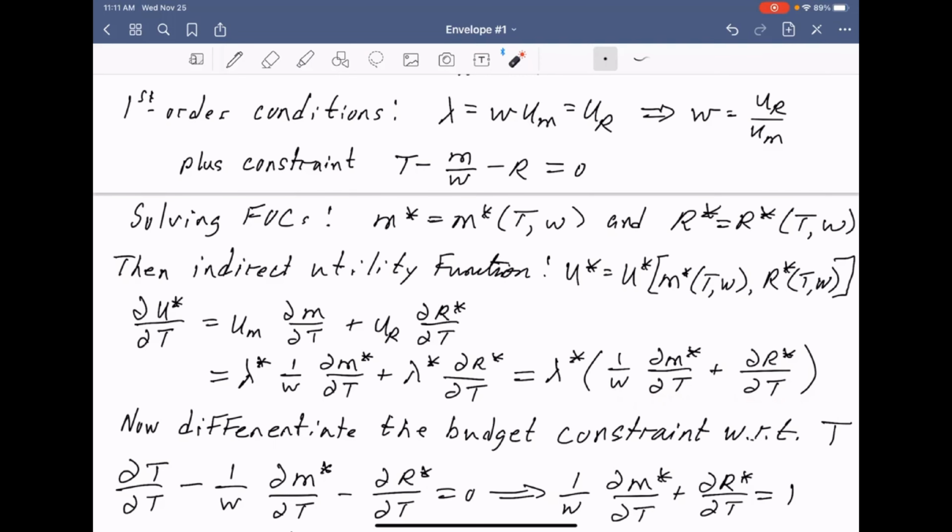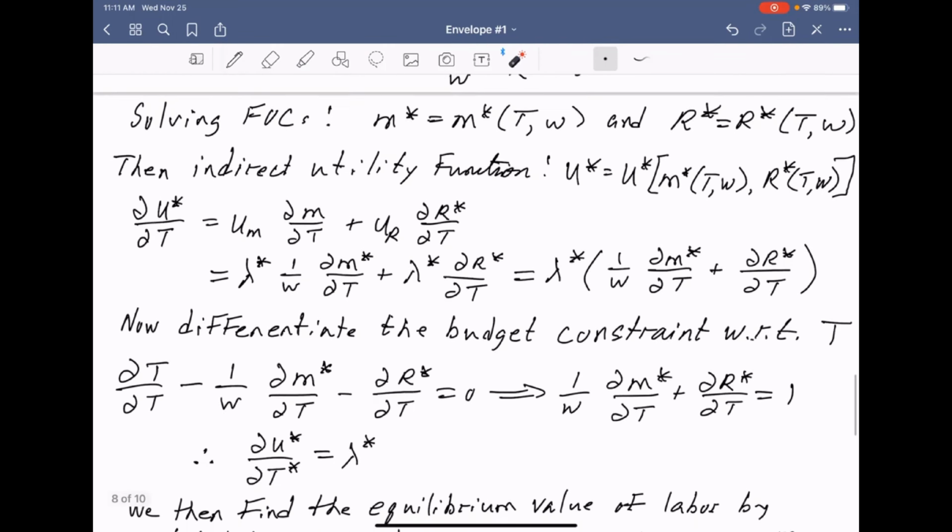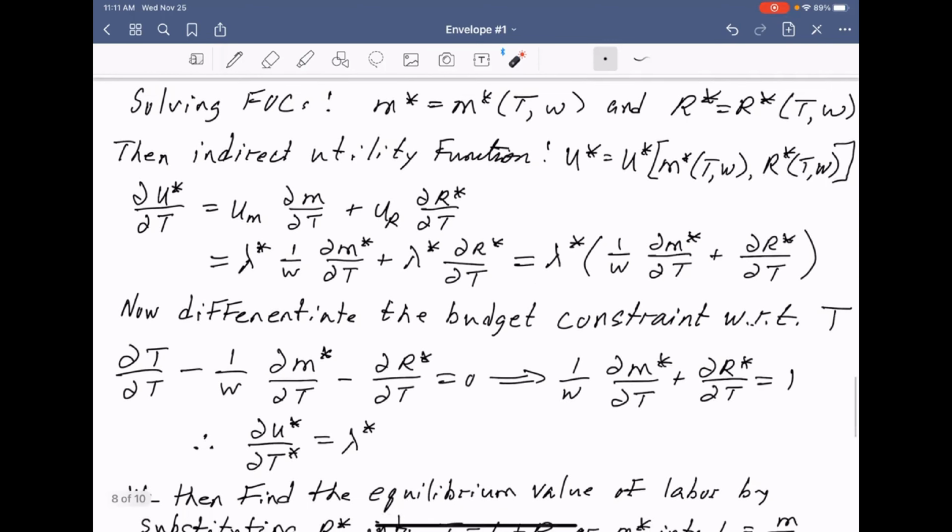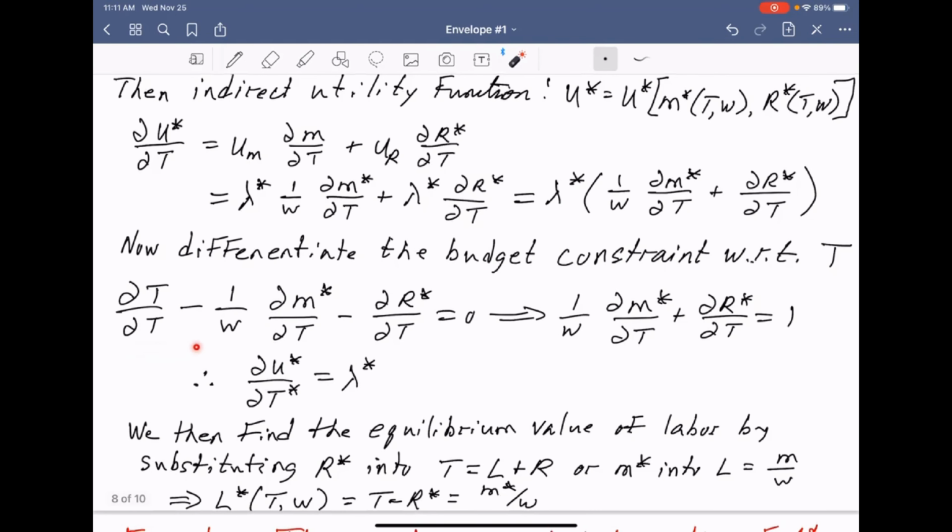Now, we differentiate the budget constraint with respect to t, and we get this expression here, and we set that equal to 0. This is a 1, which we move to the right-hand side, and these we move over as well, so we end up with this expression.